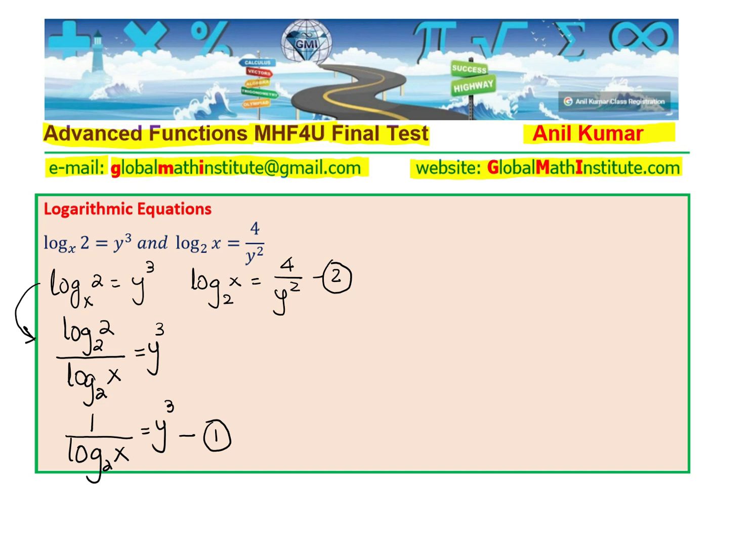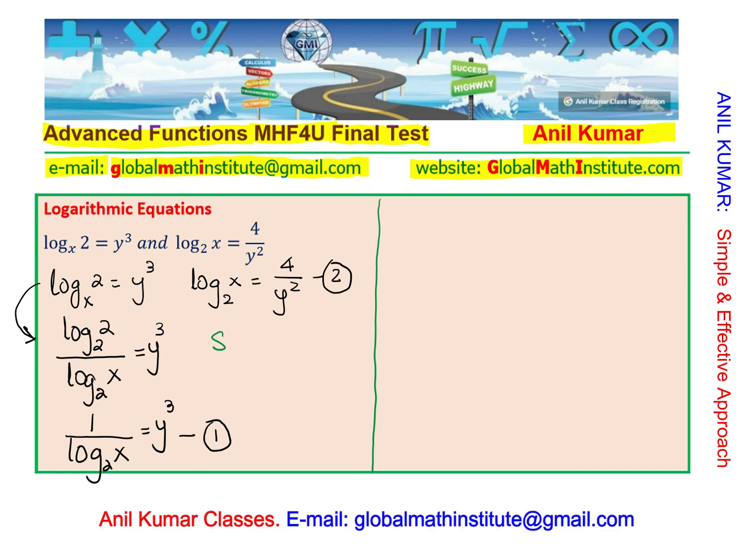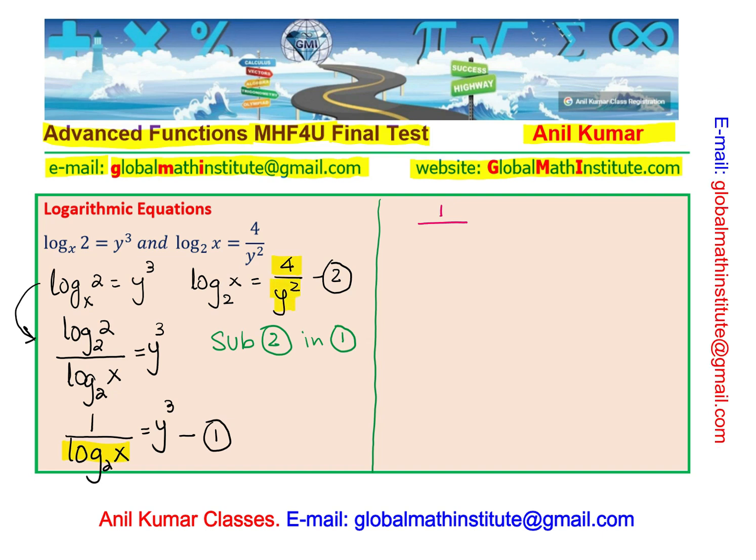We can now make a substitution. We can substitute the value of log to the base 2 of x, which is 4 over y squared, in equation 1. So I'll do sub 2 in 1. In that case, I can rewrite equation 1 as 1 over, instead of log to the base 2 of x, 4 over y squared, and this is equal to y cubed.